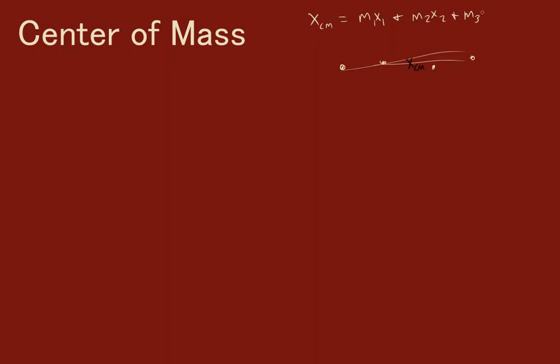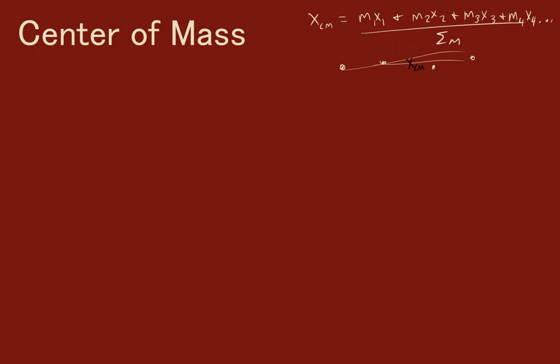So it doesn't matter how many masses you have in your system. It could even be one mass, and all these are different chunks of that mass. But it's going to be the weighted sum of the masses over the total mass. And hopefully you can see the units will check out.